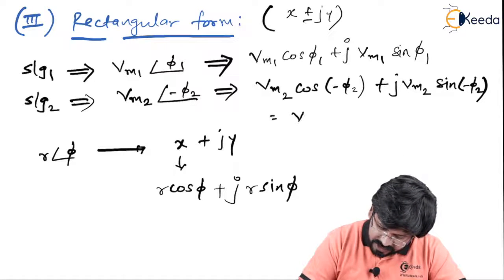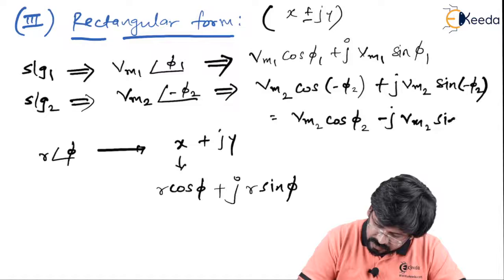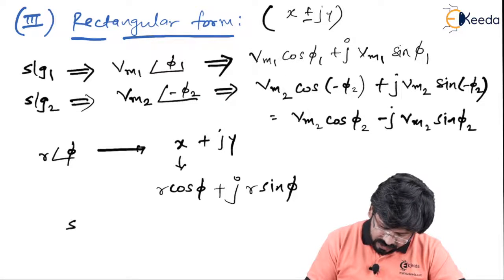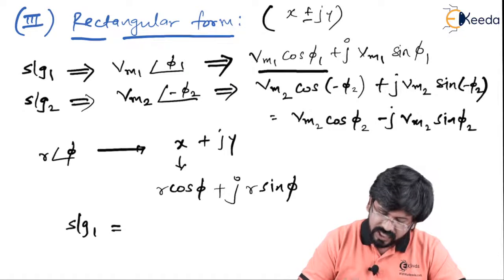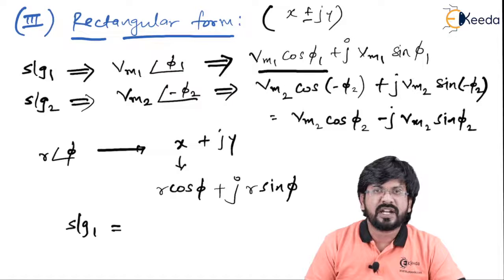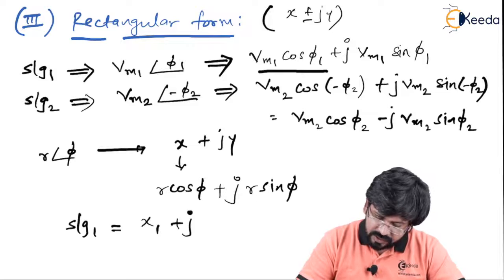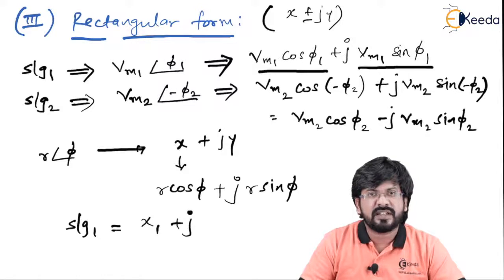So I can rewrite this as Vm2 cos of phi2 minus j Vm2 sine of phi2. So what I can see is signal number 1 has real part Vm1 cos phi1. Let me represent real part for signal 1 as x1, plus j times Vm1 sine phi1, which is the imaginary part for signal number 1. Let me represent the imaginary part for signal number 1 as y1.